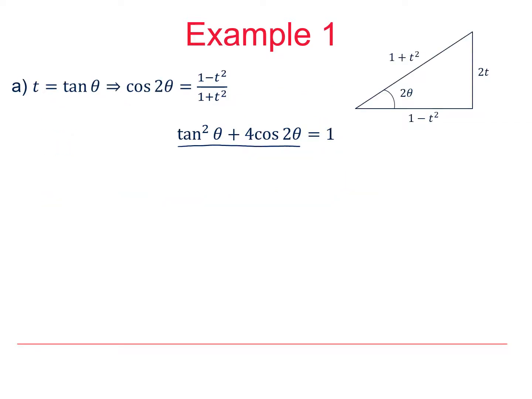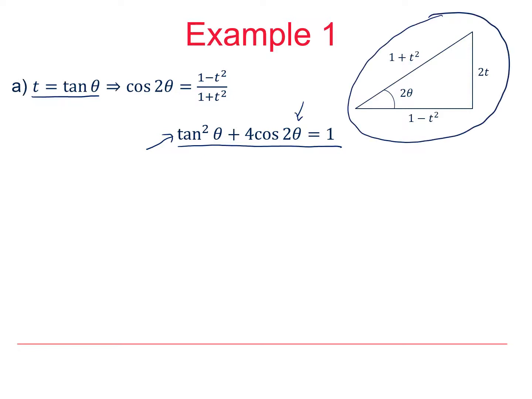Here is my original equation, and we're asked to use the substitution t equals tan theta. For the first term in the equation, that's just going to be t squared. But for the second term, we've got cos 2 theta. So I'm going to need to use t formulae for that. Up on the right hand side here, I've drawn out my triangle with the acute angle being 2 theta and the various lengths around the side that help me remember the t formula.